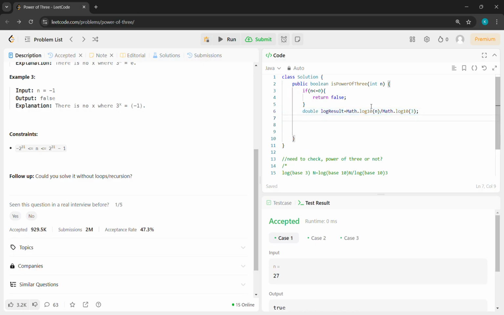Now there is a high possibility the result we would be getting can be a decimal number, or can be an integer, or can be what to say, a double value. So we need to check that as well. Return log result must be an integer value.